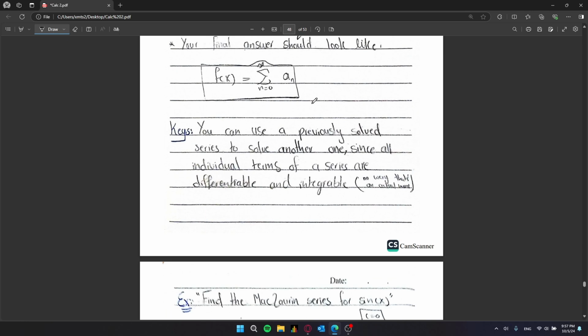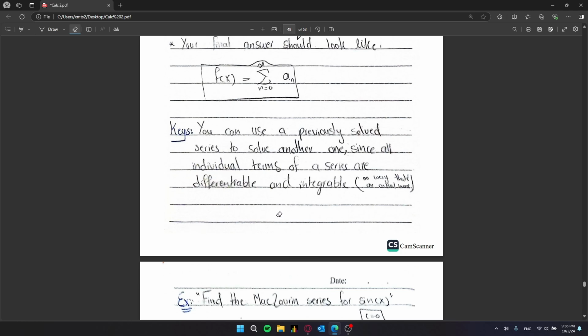That's the whole concept of keys, and one of the fun properties of series and integration specifically is that you can integrate a series. If you integrate a series, and the series is a0 plus a1 plus a2, it's the same thing as if you're integrating every individual term. That is one of the properties of series.